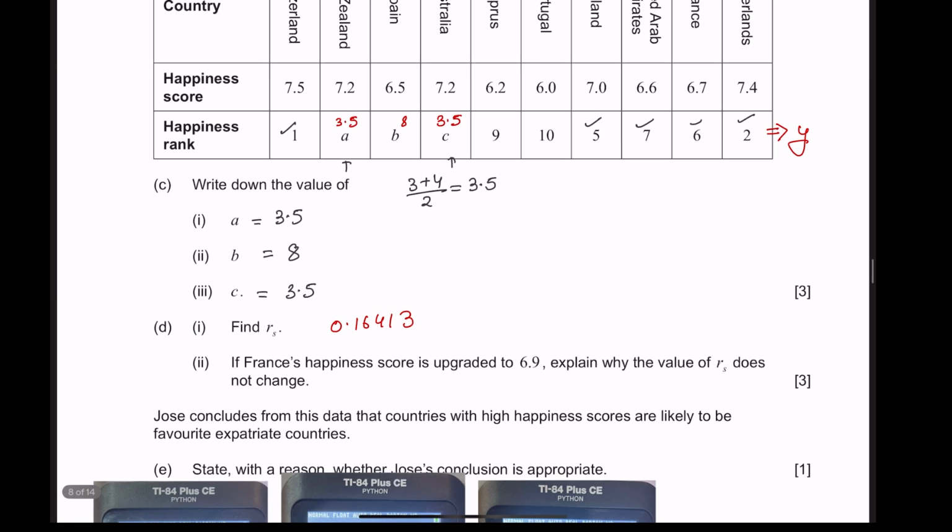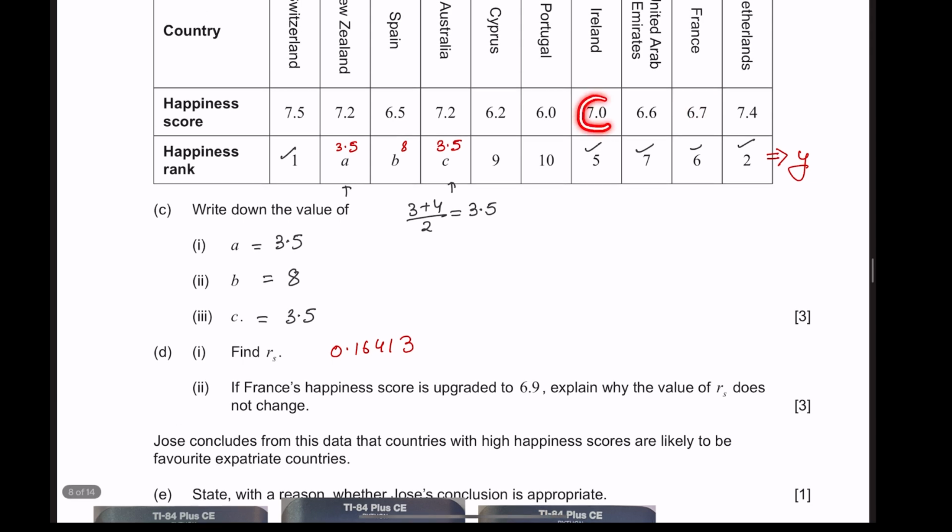Now for D2: if France's happiness score is upgraded to 6.9, explain why the value of RS does not change. If we change France's value from 6.7 to 6.9, I have to check: Ireland has a happiness score of 7, and rank 5, and after Ireland we have 6.7, which has rank 6. So even if I make it 6.9, the happiness rank for France will not change, and that's why the RS value will remain the same.